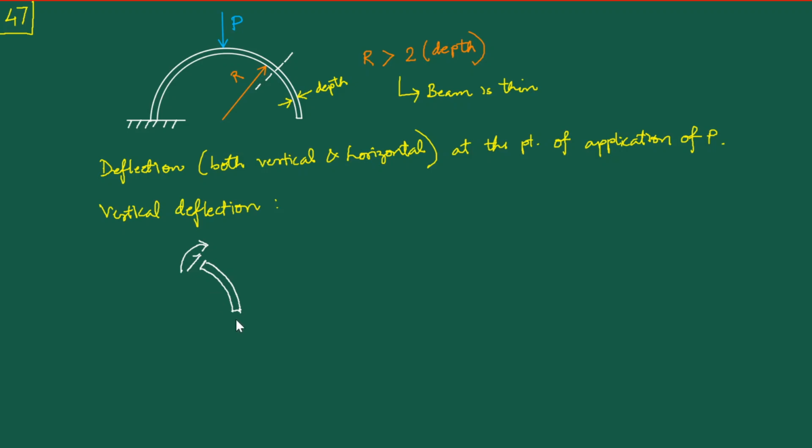Had there been some load at this end or somewhere else on this portion of the beam, then certainly we could have non-zero values of this bending moment and shear force, but we do not have those things. So it is as if the part of this beam from this point up to this point is kind of inert from the point of view of the load.